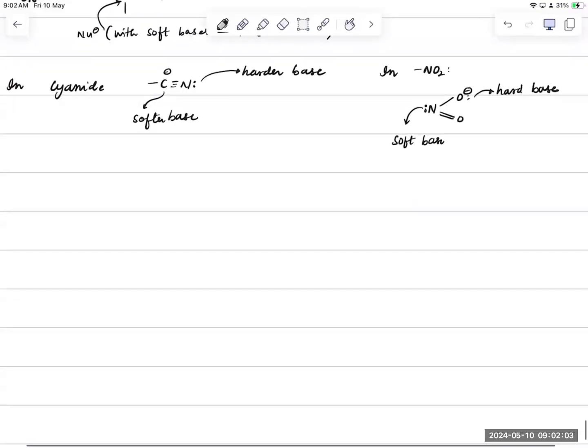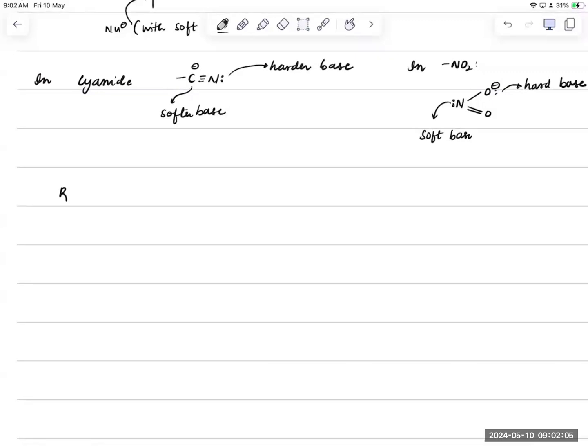Clear? So now imagine you have a 3-degree alkyl halide like this, and then you treat that with NO2 minus. Where does it attack from? If it is 3-degree, then it will definitely make a carbocation. And a carbocation is a hard acid.